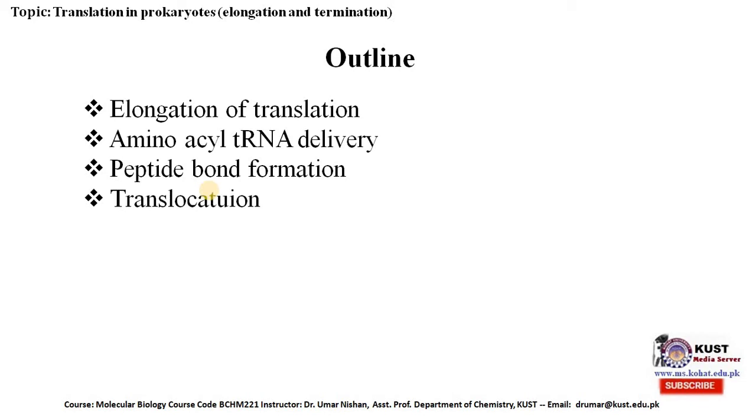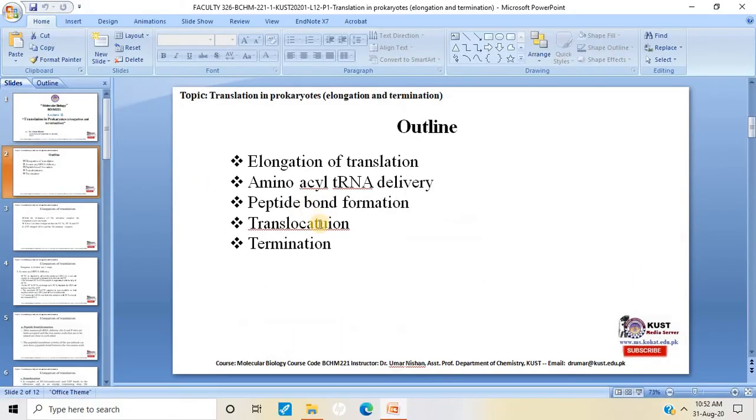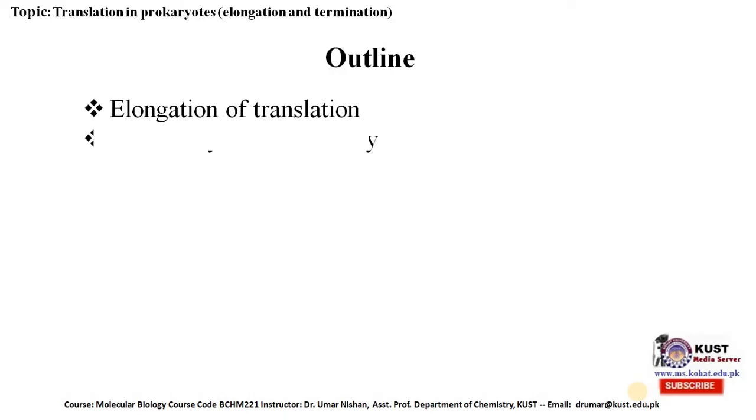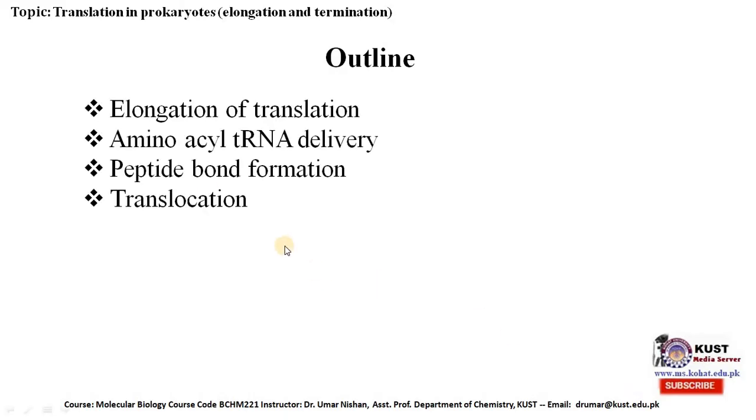Then we will talk about a very important step, that is translocation. Translocation happens when an amino acid is added, and then the translation machinery moves towards the other codon and adds further amino acids.